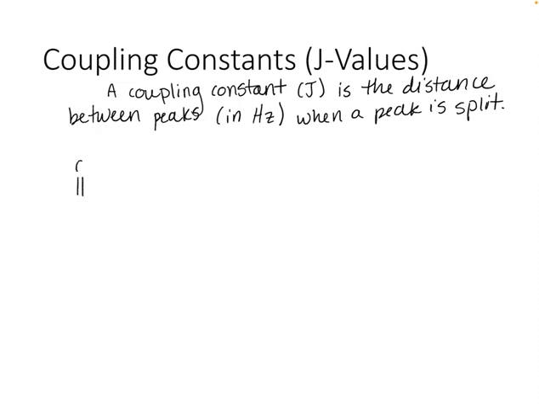Let's say we have a carbonyl or a ketone, and let's say there's just some R group off to the side there. So we have two different types of protons here. We have HA, which is on the left side of the ketone, and then HB, which is on the right side of the ketone. Now what would the multiplicity be for HA?